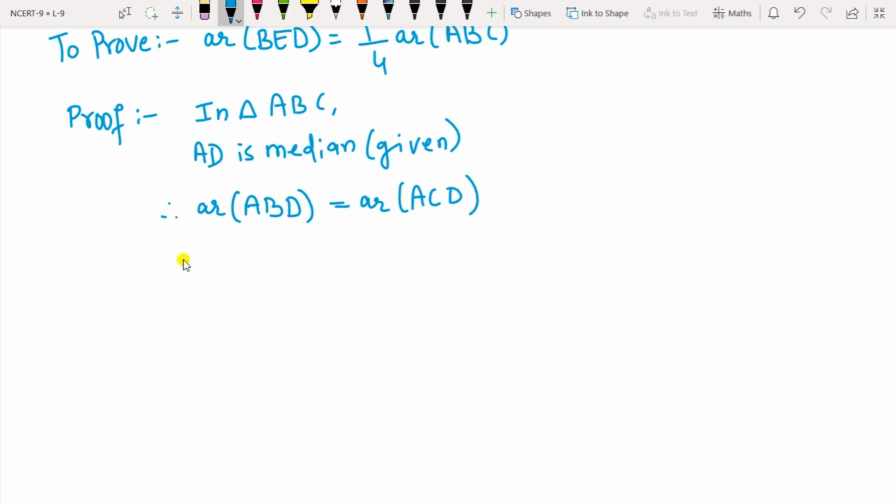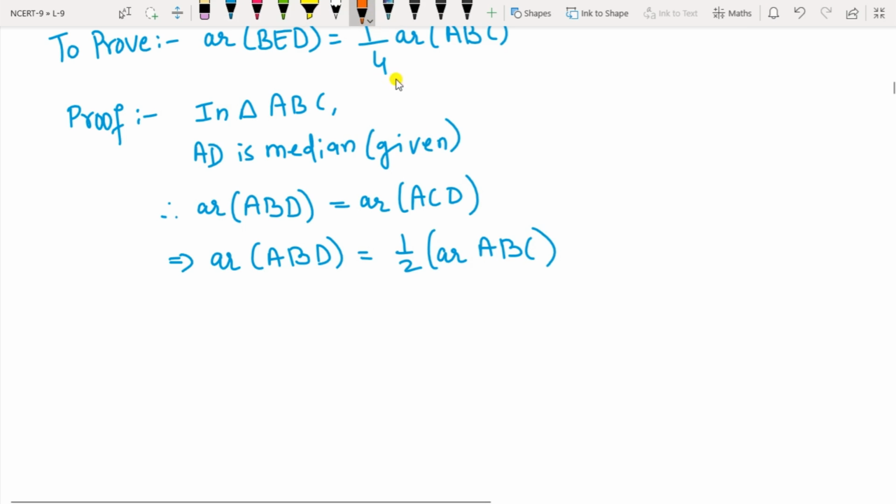And therefore that implies that area of triangle ABD, in place of ACD we can write, is half of area of triangle ABC, that is the whole triangle. Okay, so this is your equation number 1.